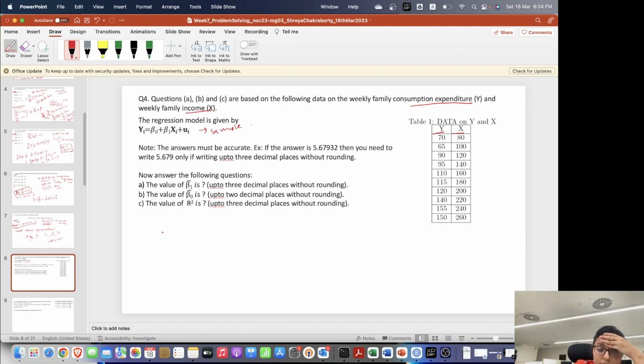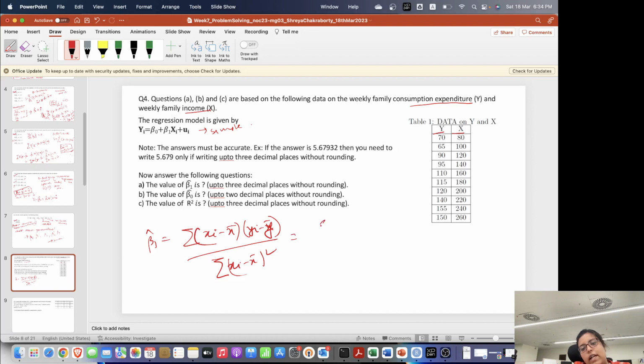If we remember the formula, beta 1 hat is summation xi minus x bar into yi minus y bar divided by summation xi minus x bar whole square. We can write this as Sxy by Sxx. And beta naught hat was y bar minus beta 1 hat x bar.